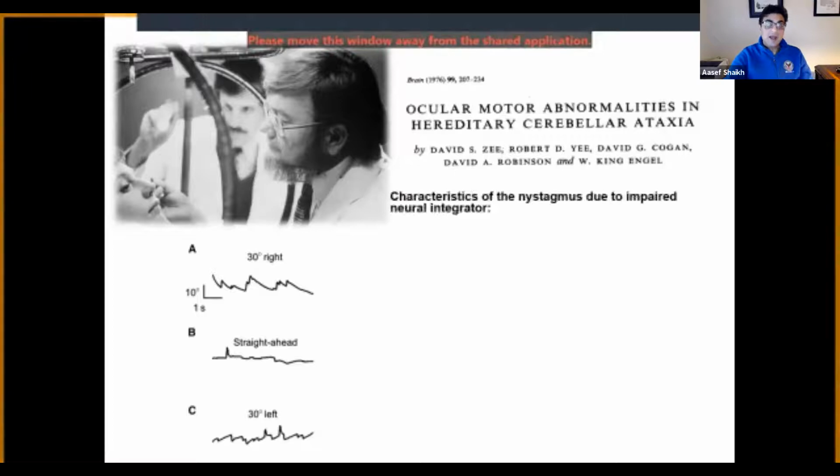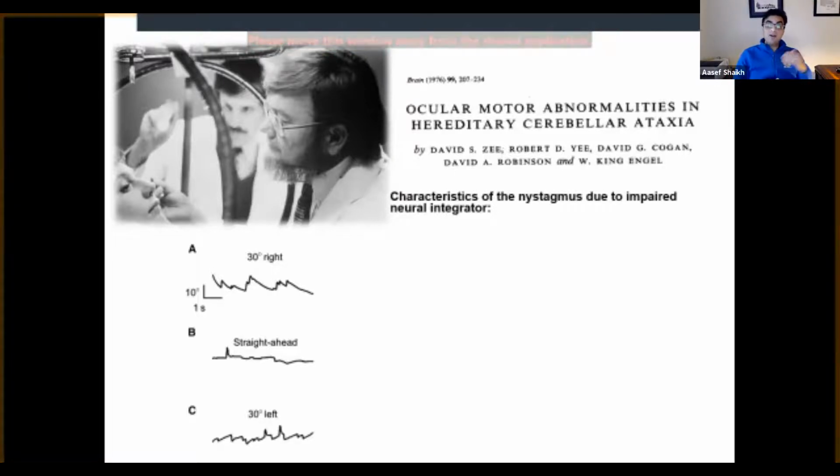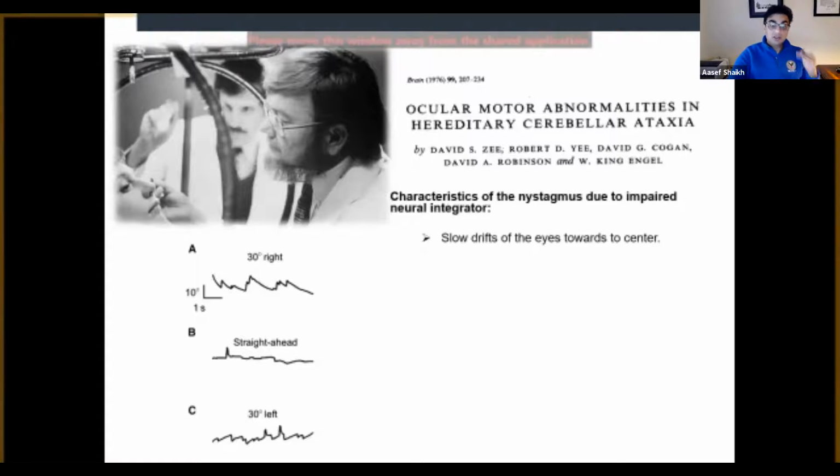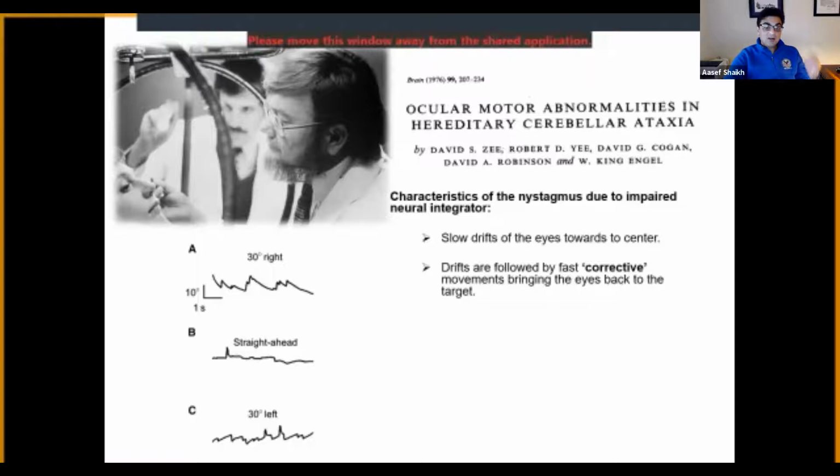Based on that, Zee described the signs of impaired neural integration in human disease or in non-human primate models as slow drifts of the eye towards the center, followed by fast corrective movements, which bring the eyes back to the target.